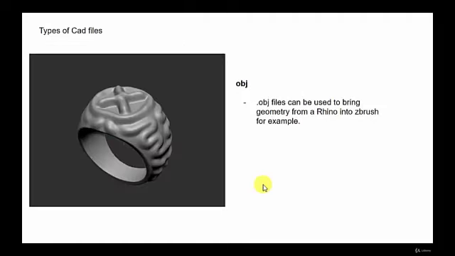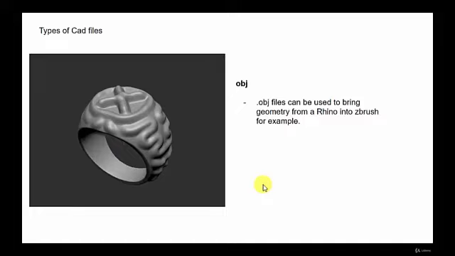Then we have OBJ, which is mostly used for organic modeling, and other industries use it for other things as well. But when it comes to jewelry, one of the most common uses is organic modeling in ZBrush, for example.